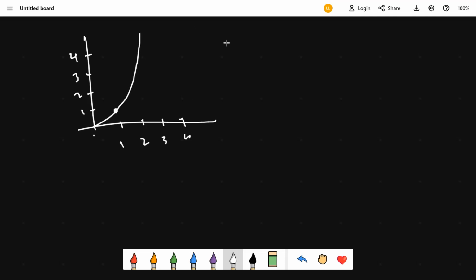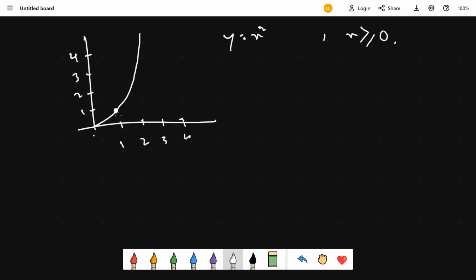This curve has an equation of y equals x squared plus 0. So this is simply the equation, y equals x squared. This is actually the equation of this curve. We are just considering the domain where x is greater than or equal to 0.